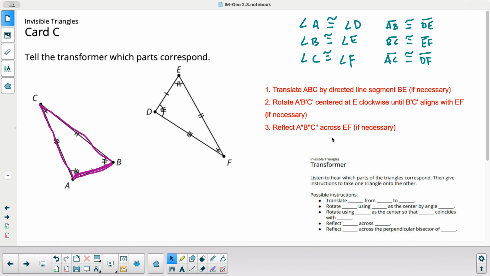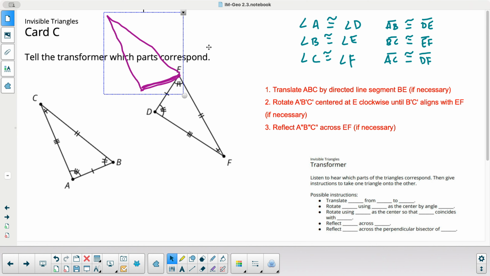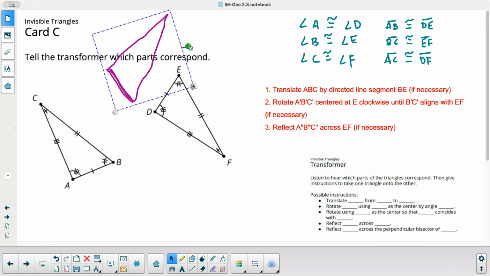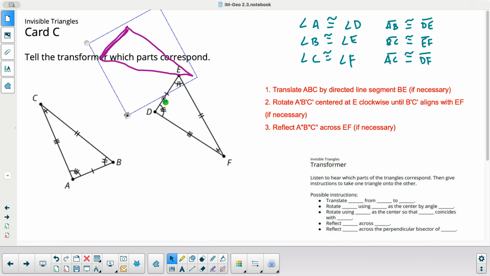All right, so I'm going to translate ABC by directed line segment BE. Rotate centered at E clockwise. Tell you what, I'm going to go counterclockwise. I could go either way, clockwise or counterclockwise. It doesn't really matter. Would it be easier to go counterclockwise?